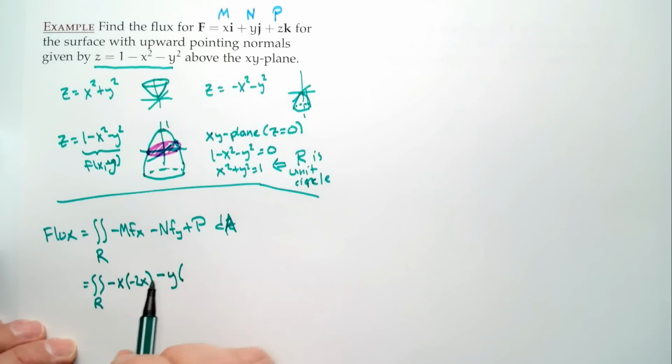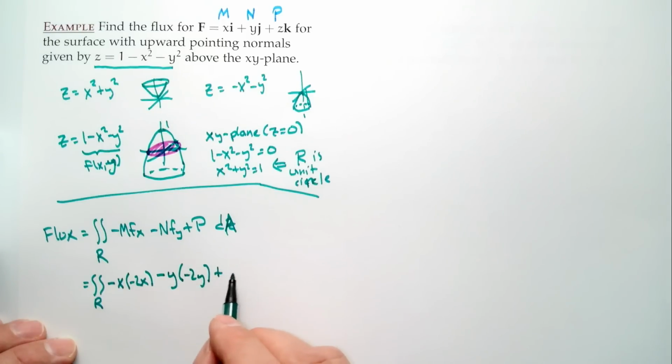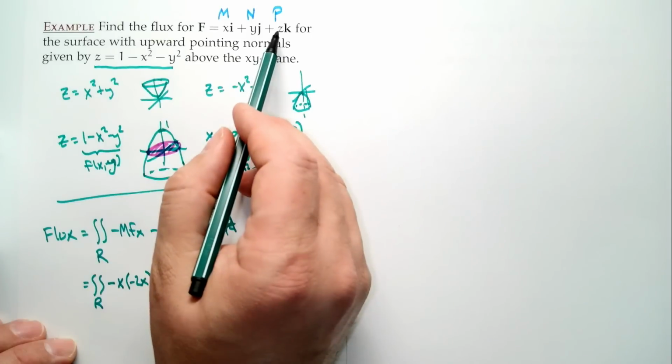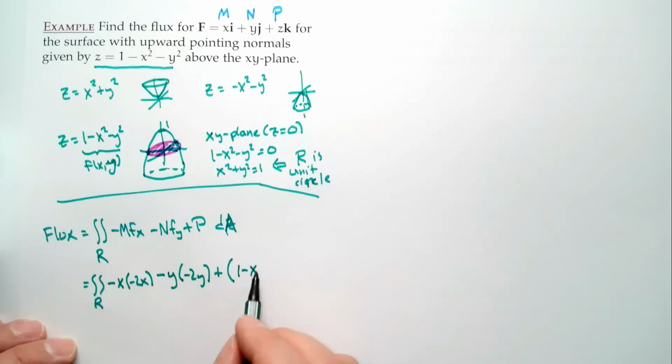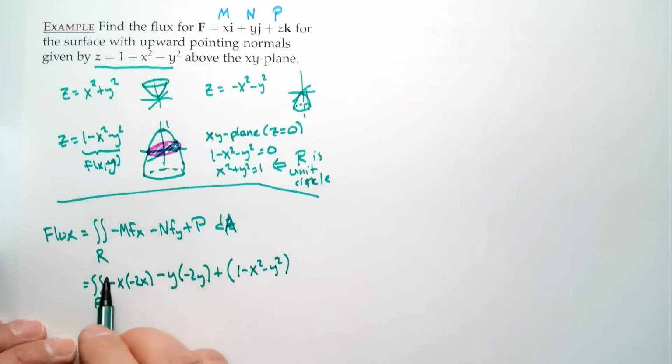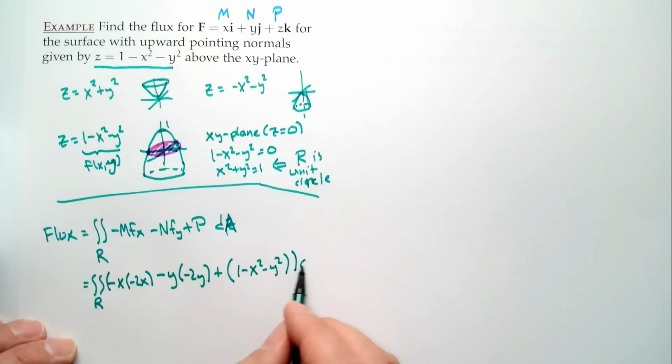What do we get when we take the derivative with respect to y? Minus 2y. Plus p, which is z. Well, but we don't want z, we want everything in terms of x and y. So, instead of writing z, we replace z by 1 minus x squared minus y squared. And this is our integral that we're going to work out.